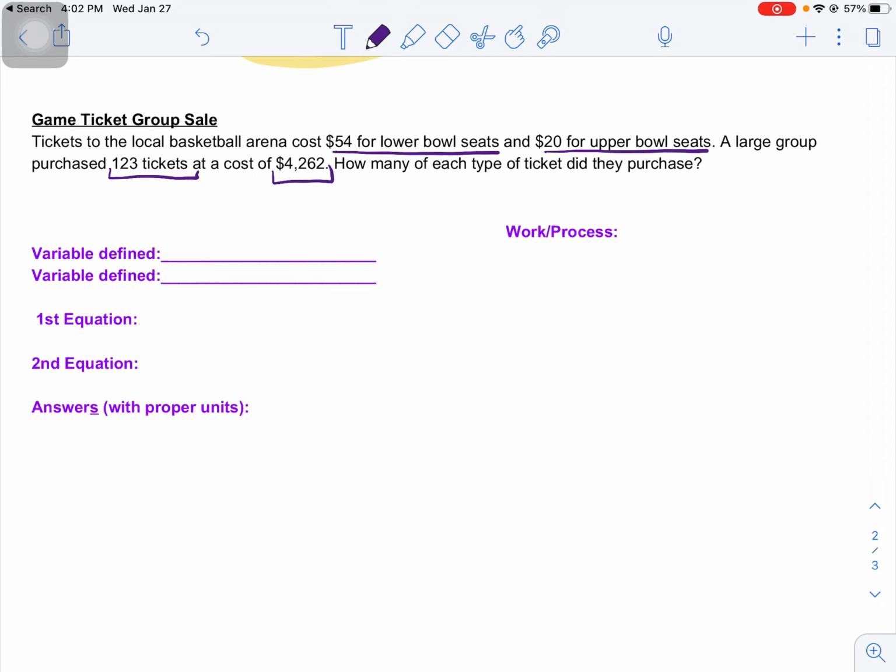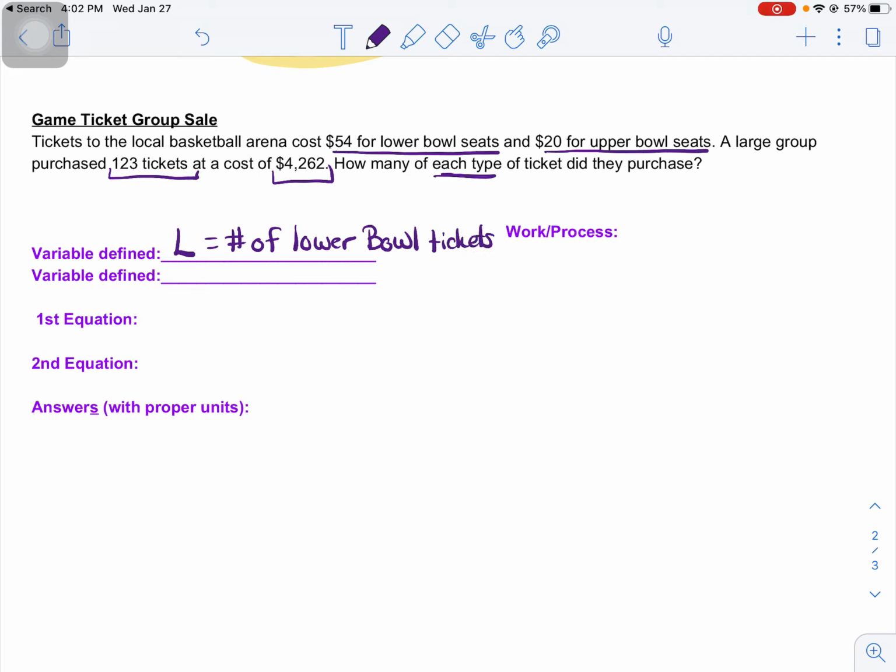So we've got to think about what 2 things we're talking about. How many of each type of ticket did they purchase? So we have lower bowl tickets, so maybe we use L for the number of lower bowl tickets.